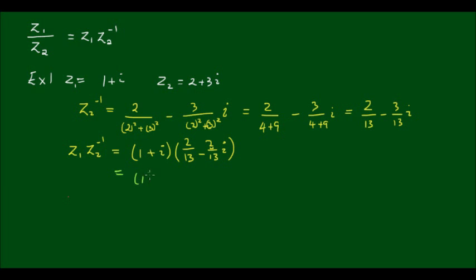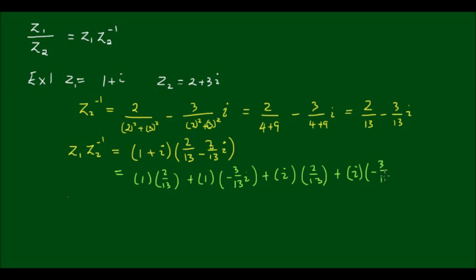So we have 1 times 2 on 13, plus 1 times negative 3 on 13 i, plus i times 2 on 13, and then plus i times negative 3 on 13 i. And this then simplifies to 2 on 13 plus 2 on 13 i minus 3 on 13 i, and then plus negative 3 on 13 i squared.